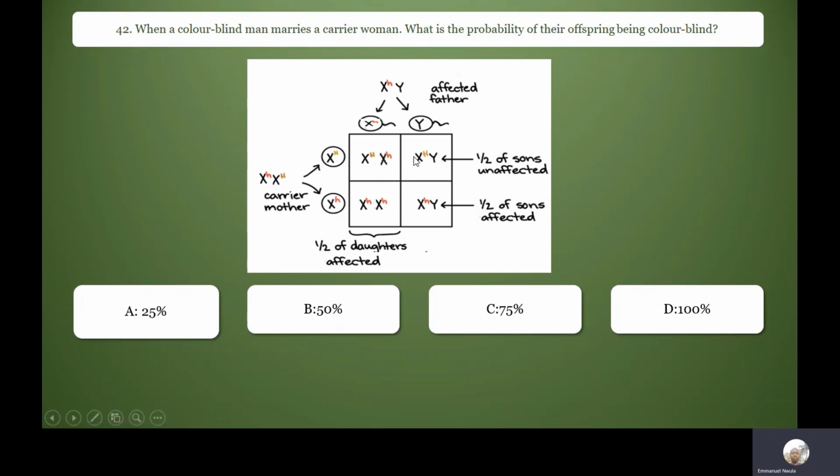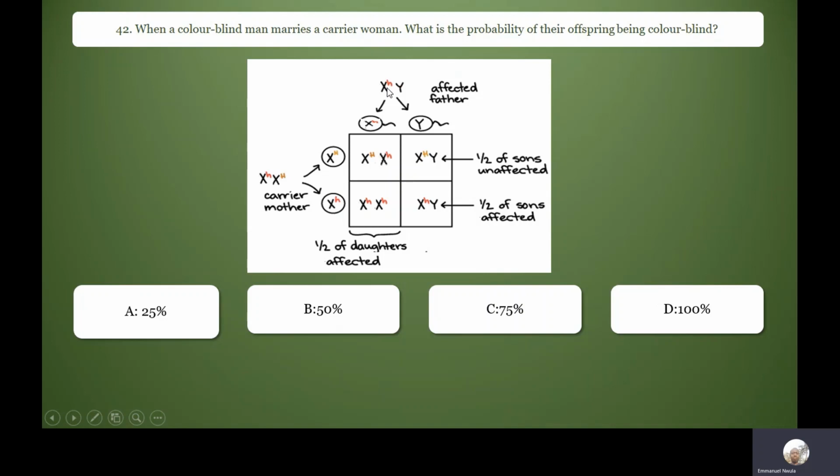So if you look at this, when you are solving a question on sex-linked characters, of course, you use the X chromosomes. For the man, it is XY, and I use this to represent a man who is a sufferer, who is affected.